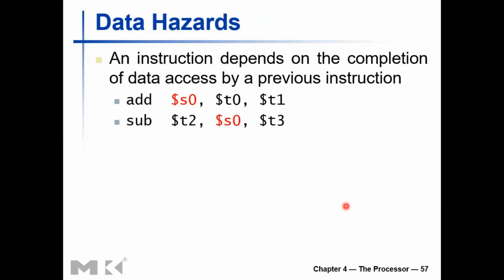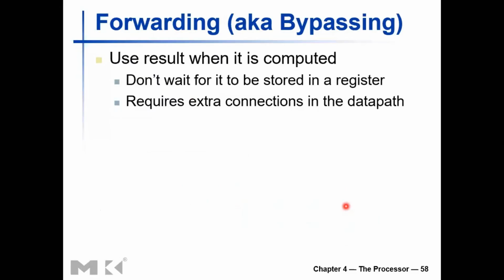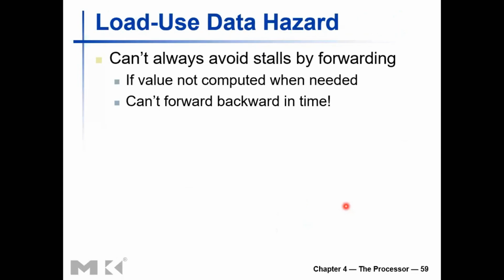Then for data hazards, one of the possible solutions was forwarding. Without waiting for the data to be written back into the register file, just as the data result is ready after the ALU operation, you can forward that piece of data to the input of the ALU to be used by the next instruction. So that is the concept of forwarding.